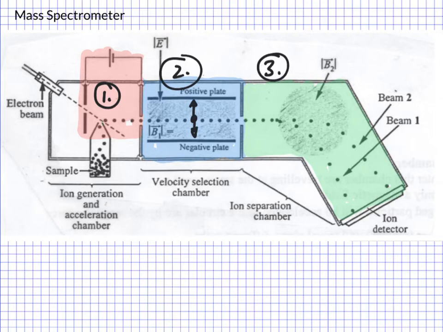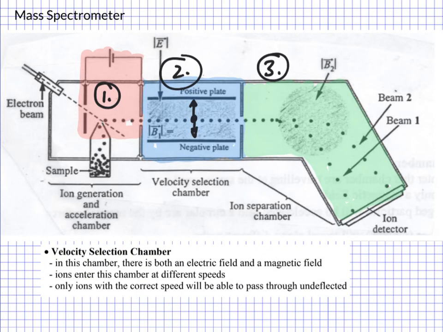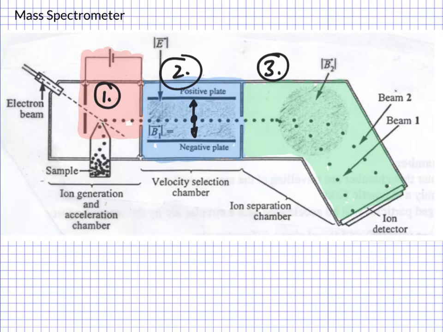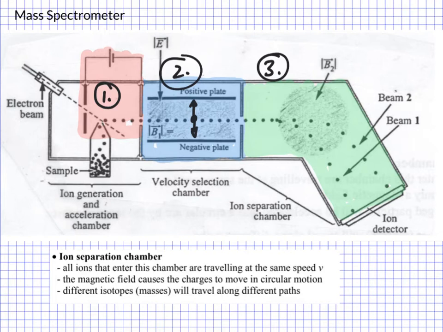So in summary, qualitatively, we can say in the velocity selection chamber there's both of the fields. Ions are going to enter at different speeds, but the ions with the correct speed will pass through this little hole. That's why it's a selector. Okay. In the ion separation chamber, the ions with a particular speed that made it through the velocity selector will all have the same speed now.